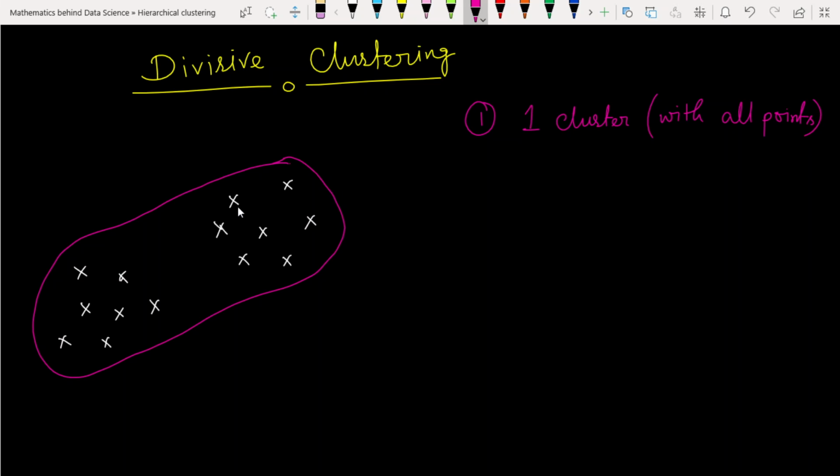Now in this first iteration we will do this job. Now let's see the second iteration, where we will have to divide the points.